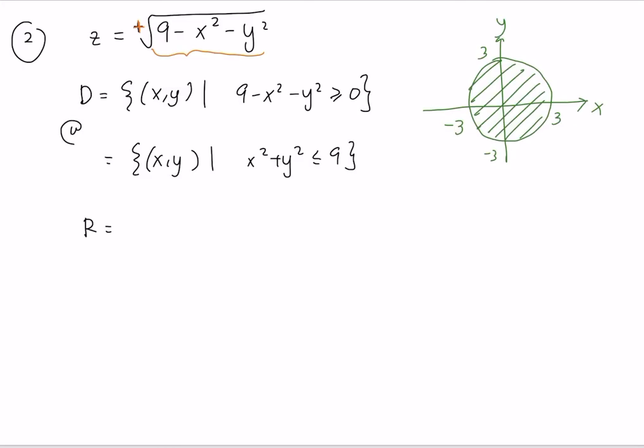The method is the same as the previous example, but here we consider only the positive. Therefore, z is between 0 and 3.